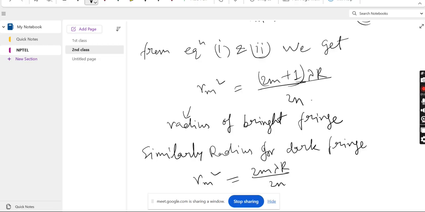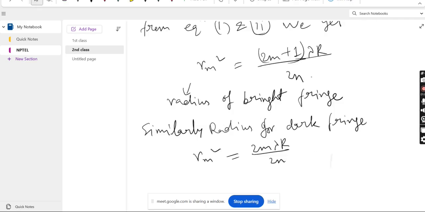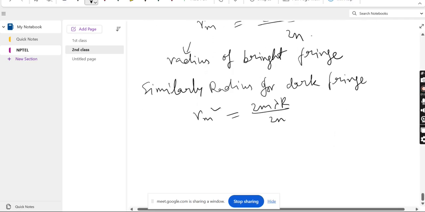Now we want to know the difference in dimension of the diameters, where a natural number is involved.